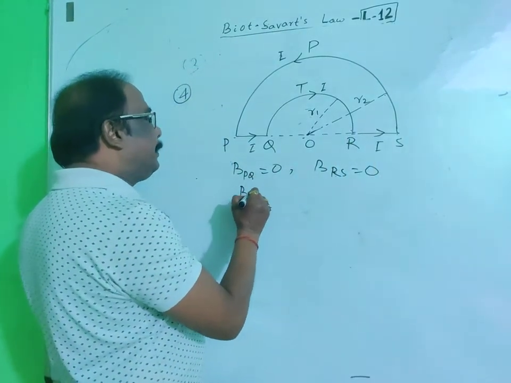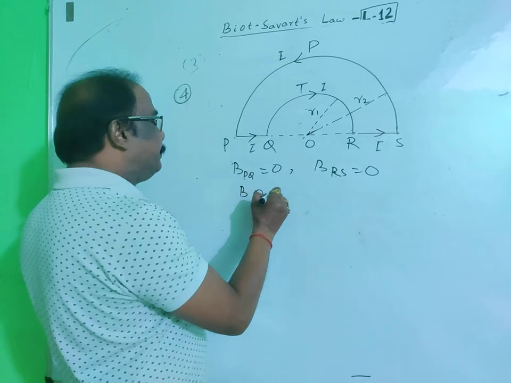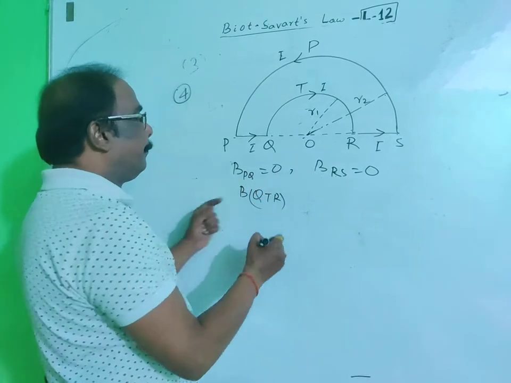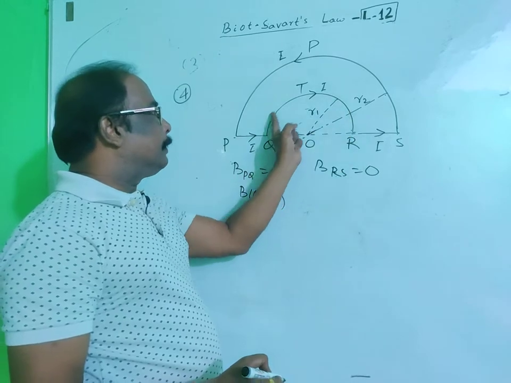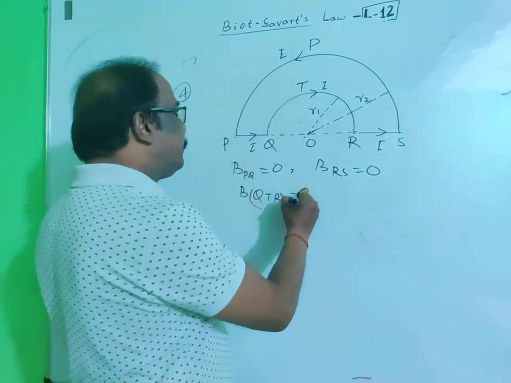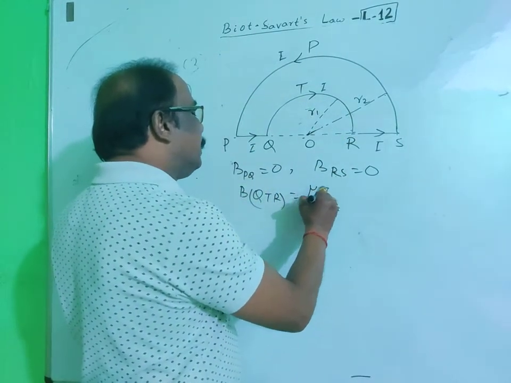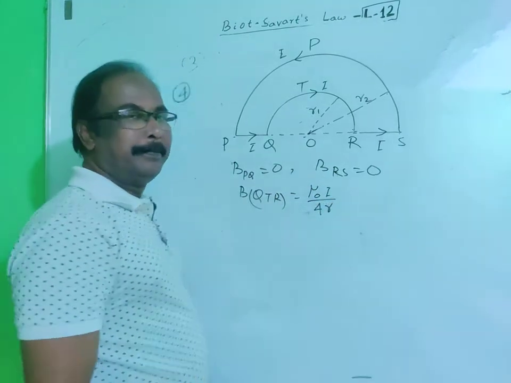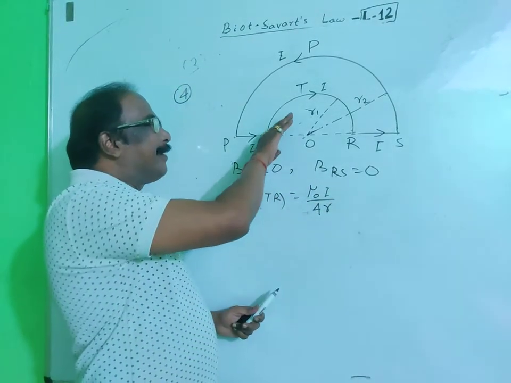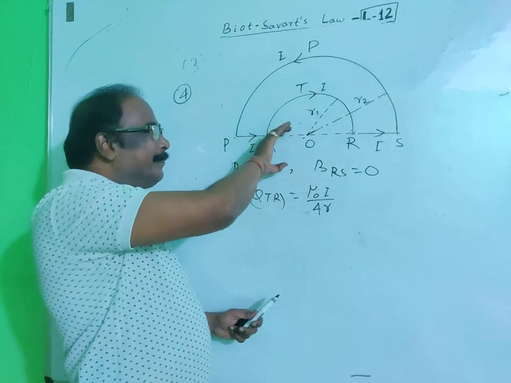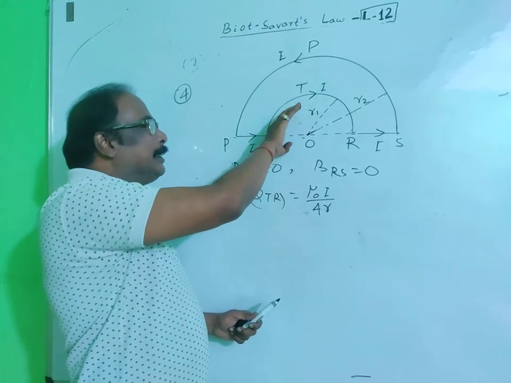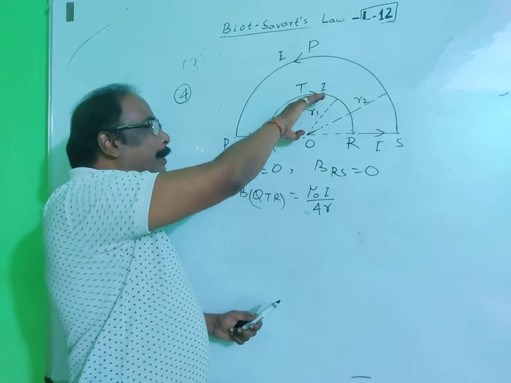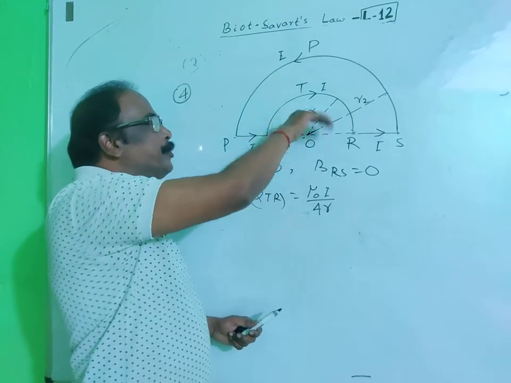Then magnetic field due to QTR. QTR means the smaller semicircle. Magnetic field is mu naught I by 4r. Then what is the direction? Current is in clockwise order. We have to get the direction of magnetic field at O. Just curl your fingers and the erect thumb is inwards.